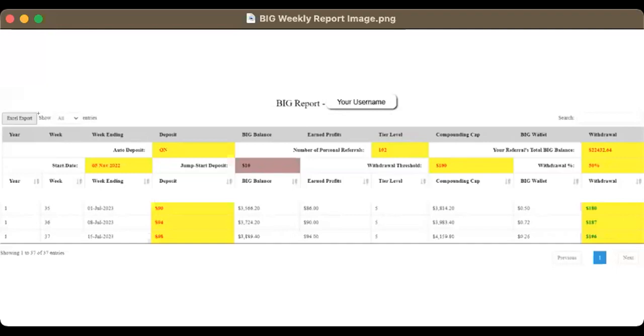Once you get your big report, I would advise that you come back to the recording of the webinar where we're talking about this, and then you'll be able to follow along with your own report. But the earned profits are based on the big balance from the week before.